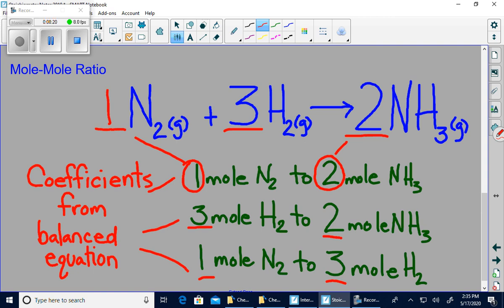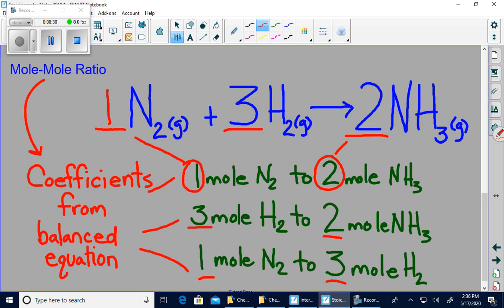Now, these are all of the mole ratios. You take those coefficients from the balanced equation, and those are your mole ratios.